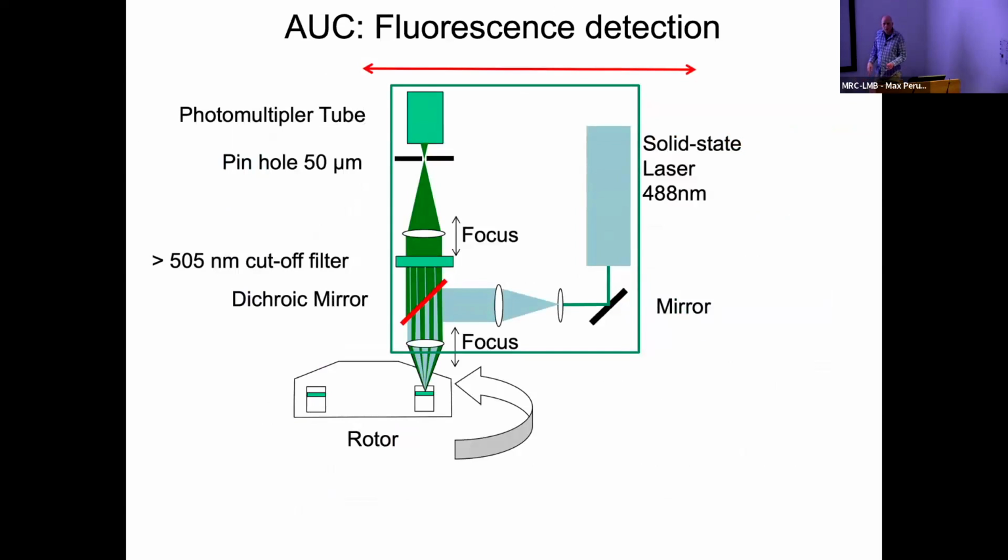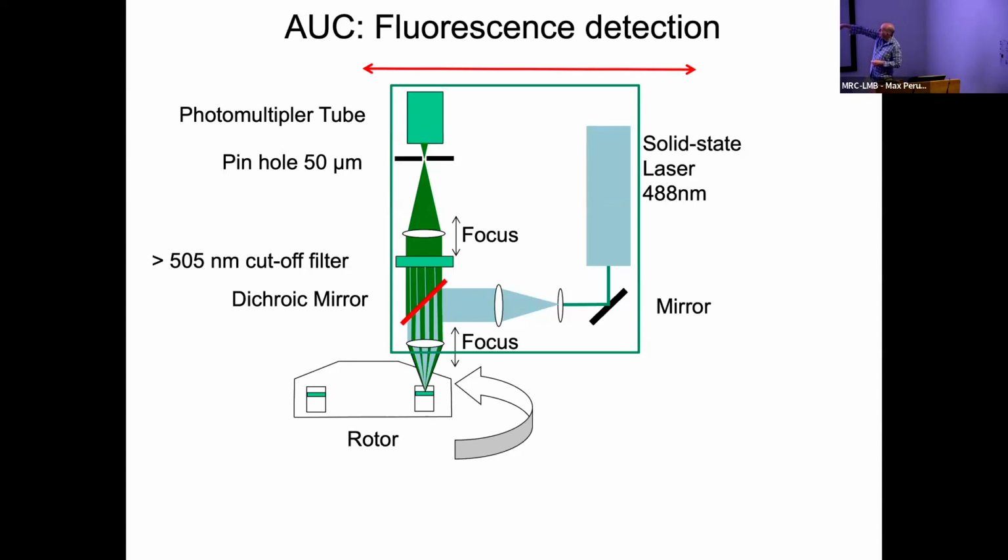We're quite lucky. We've got one of the few fluorescence detection systems, and this is essentially a confocal microscope setup. It sits above the rotor as it spins, and it then scans across. It's got a solid-state laser that fires 488 light, which gets reflected by a dichroic mirror into the sample.